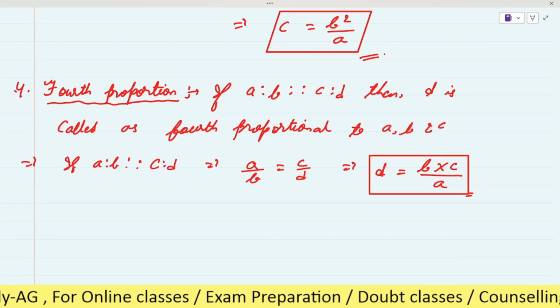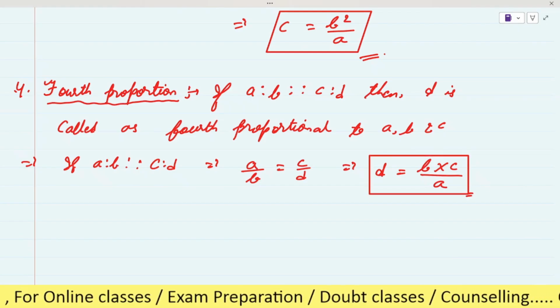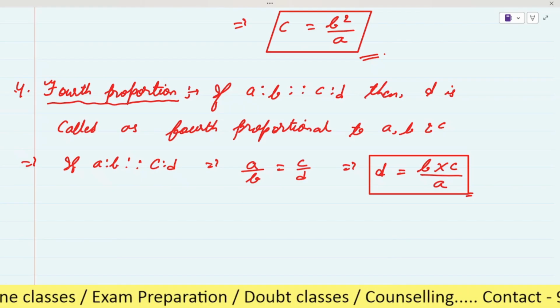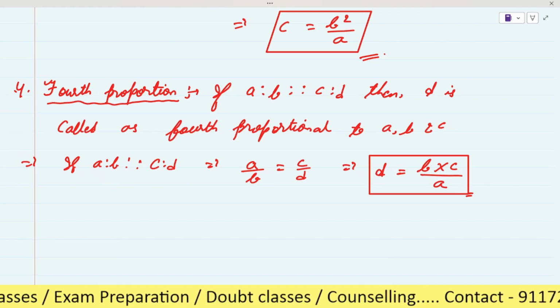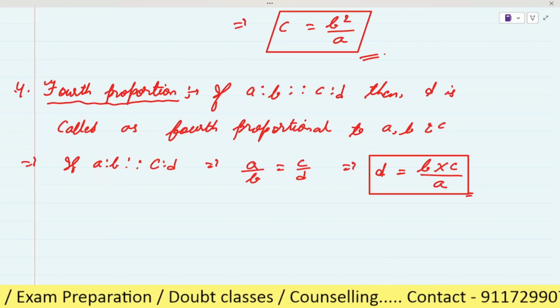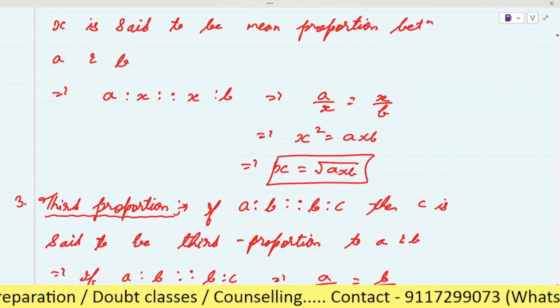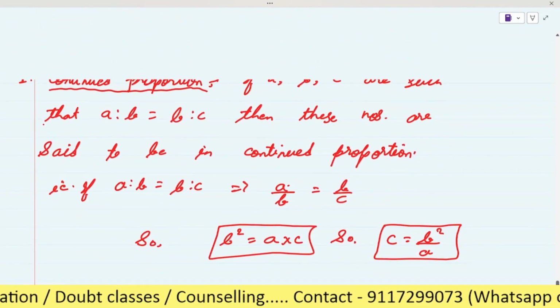So the values of A, B and C will be given, and it will say find the fourth proportion. Then you just apply this formula. Let's recap.